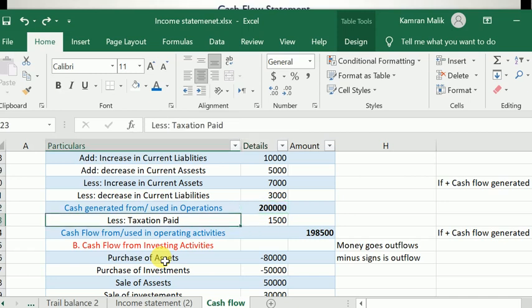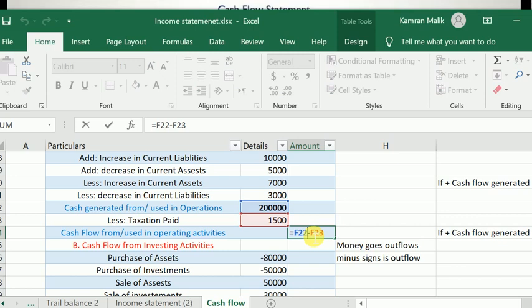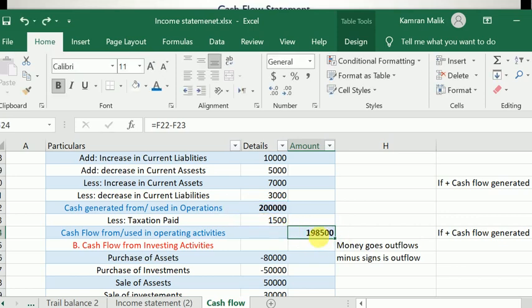Now what we do is we deduct 1,500 of the taxation that we paid, while the other part, you see, we have subtracted this amount from this, and then we have this amount, right? So that's the other amount we have, 1,98,500, which is cash flow from operating activity, right?